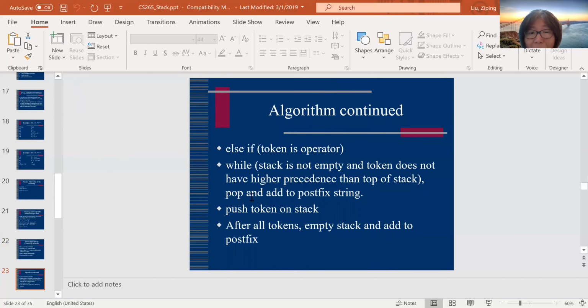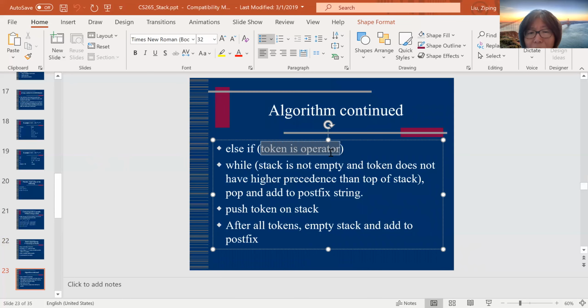The slides that we just went over discuss the first part, and here's the remaining part. The key point is whenever you have an operator token, while the stack is not empty and the token doesn't have higher precedence than the top of the stack, and here, be careful, it's a loop, so you need to keep checking the top of your stack.